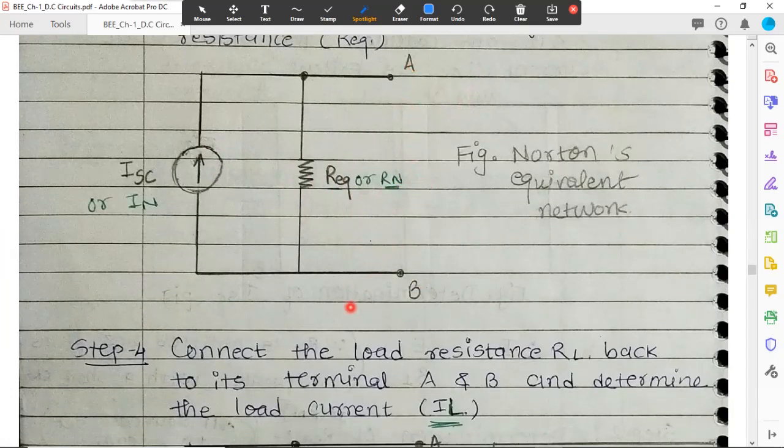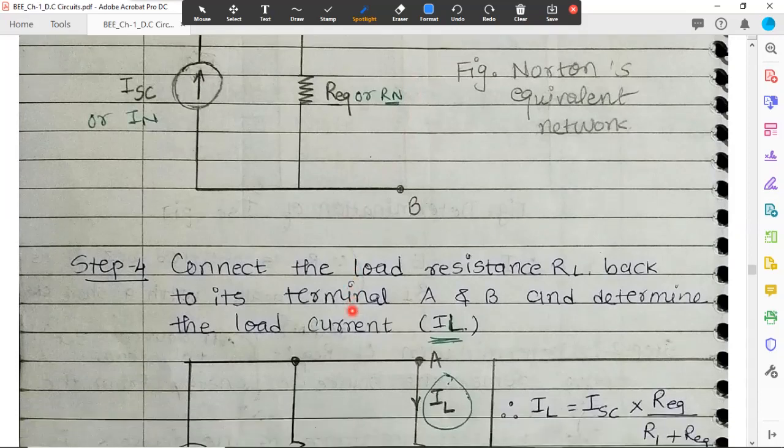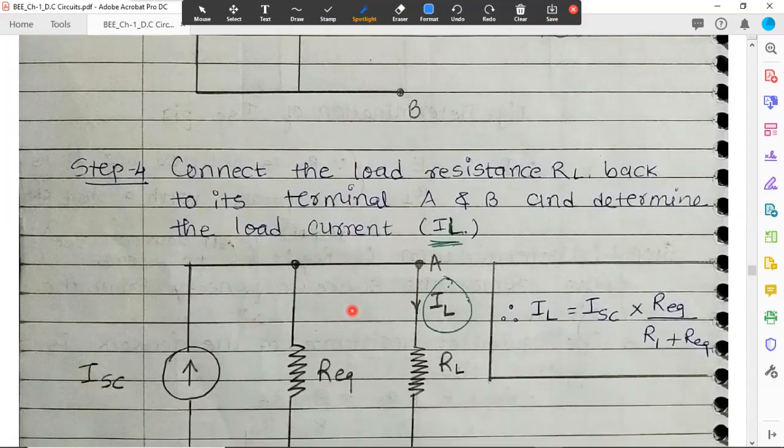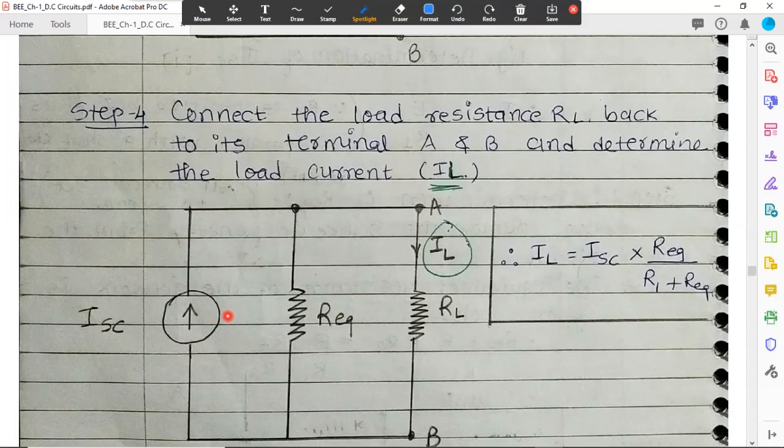Finally, we can draw the circuit as short circuit current in parallel with equivalent resistance, with the load resistance, and this is the load current IL. We can find IL by using the current divider rule: IL equals ISC into R equivalent upon R1 plus R equivalent. So this is the Norton's equivalent network of the above given network.